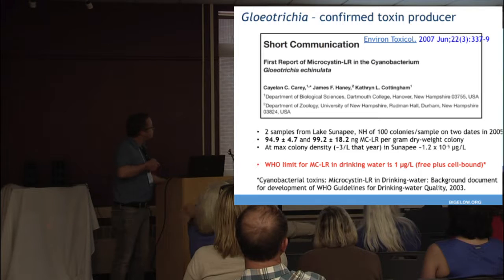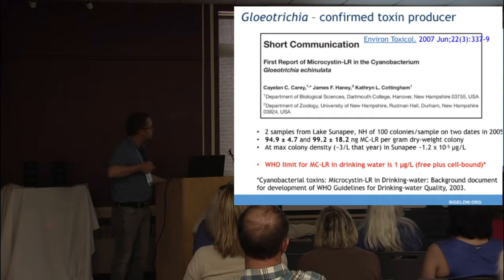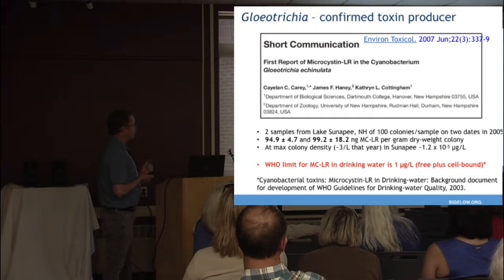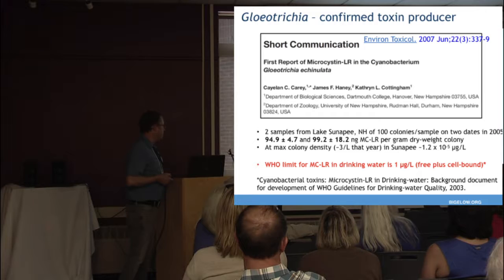A little bit of history on Gloeotrichia. It is a confirmed toxin producer. This is a report from back in 2017 by a group over at Dartmouth and UNH. And they basically picked out about 100 colonies or so, and measured essentially microcystin LR, that main microcystin type, in these 100 colonies each.